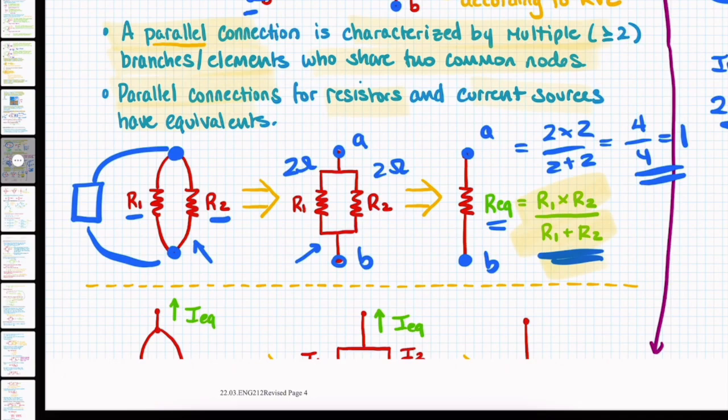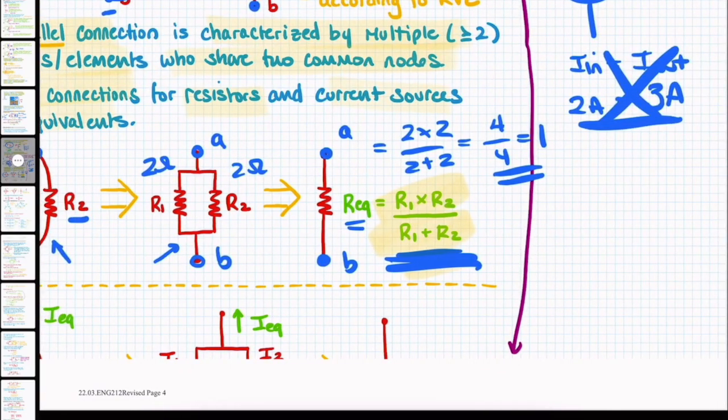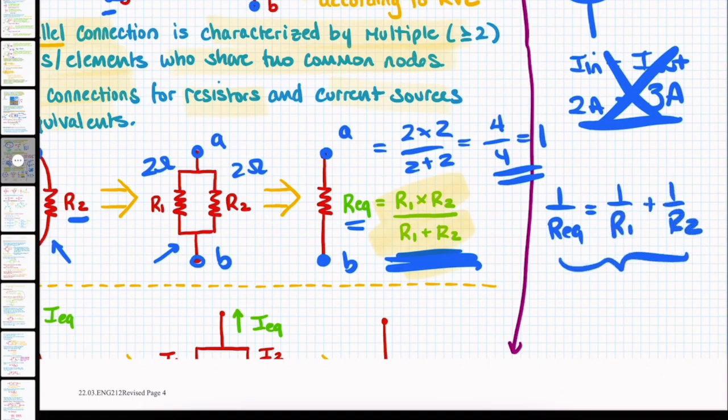There is another form of this equation right here. You can say 1 over Req is equal to 1 over R1 plus 1 over R2. And what that's really saying is that the admittances or conductances sum when in parallel, because this is really our equivalent conductance, right?